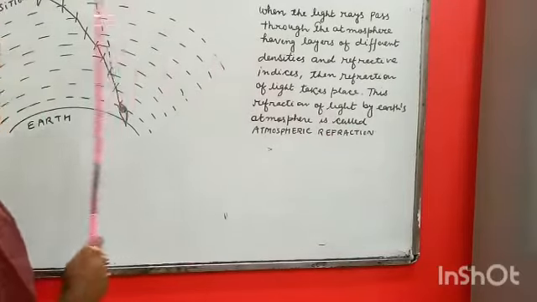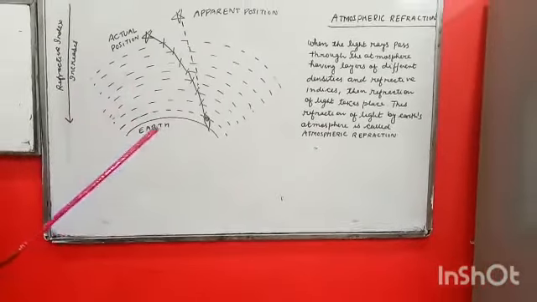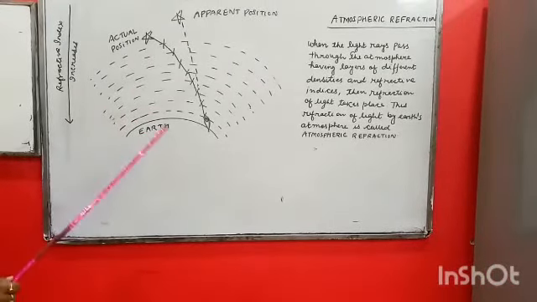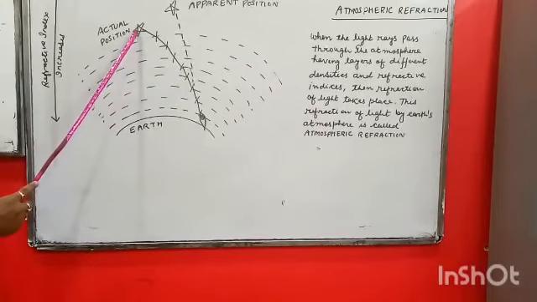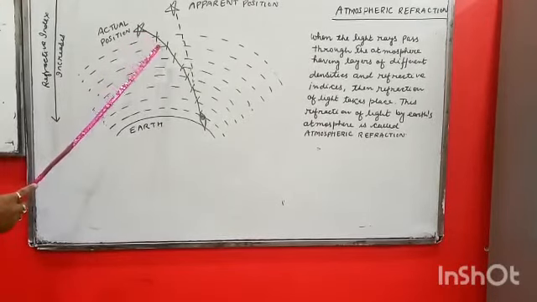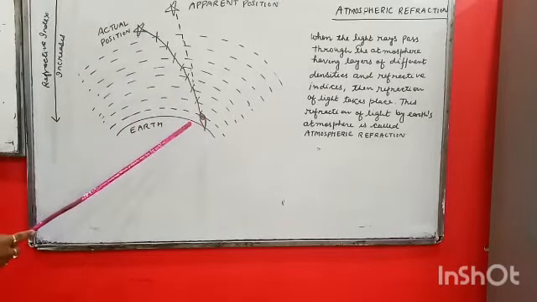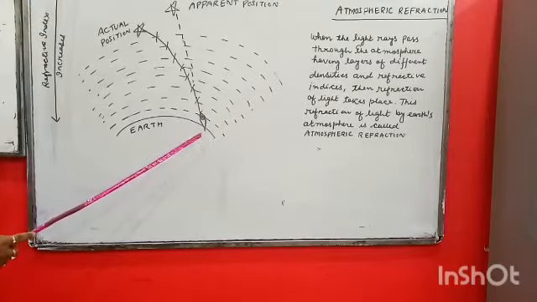And at the same time you are getting why we can see the apparent position of the star, not the actual position. Once again, see, light rays coming from the star are moving from a rarer medium to a denser medium. Therefore, continuous bending takes place till it reaches the eye of the observer.